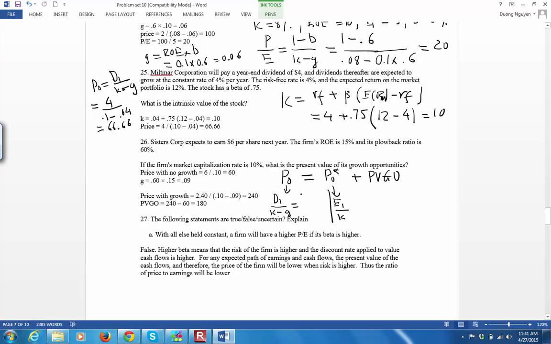How much is D1? D1 is earnings, $6, times 1 minus plowback, which is 1 minus 0.6, over K, which is 0.1 minus growth.